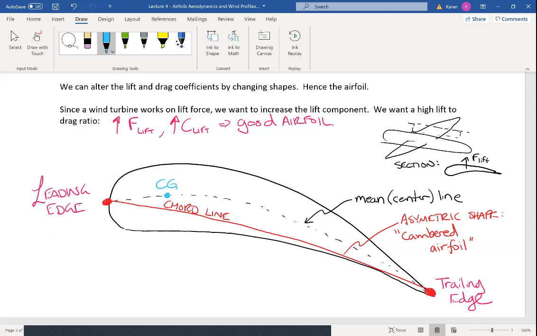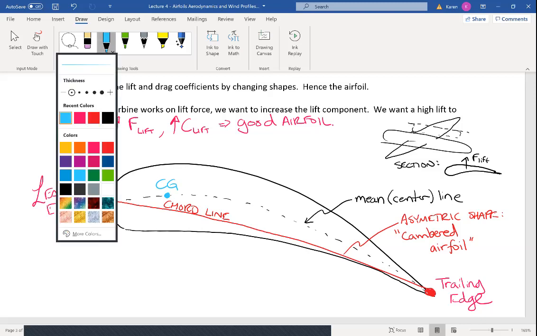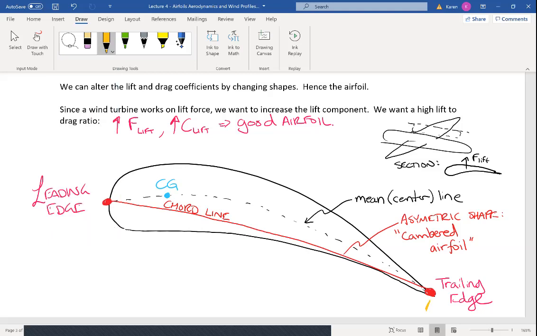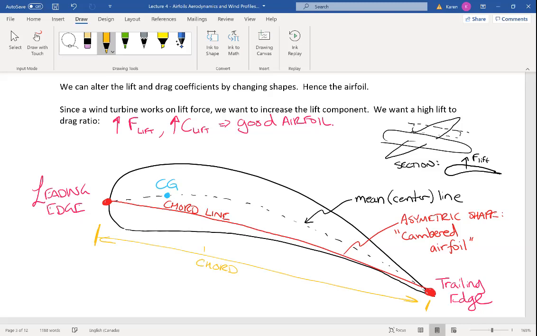I'm going to mark center of gravity there. The chord is the distance, just giving you some definitions here. The distance between the leading edge and the trailing edge is called the chord.